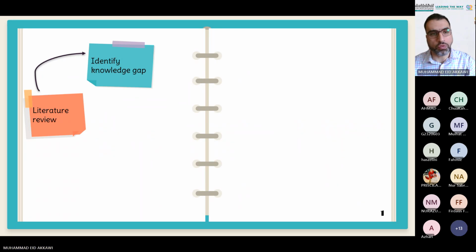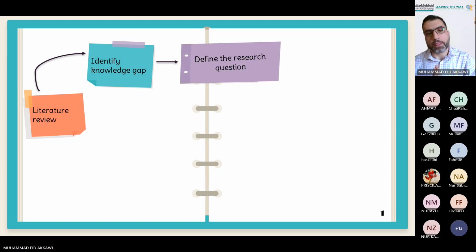So you find that, based on the literature and, before the literature, based on your observation, you thought that the waiting time is a problematic issue for patients. Because of that, you did a literature review and identified the knowledge gap. Based on that, you will define the research question.